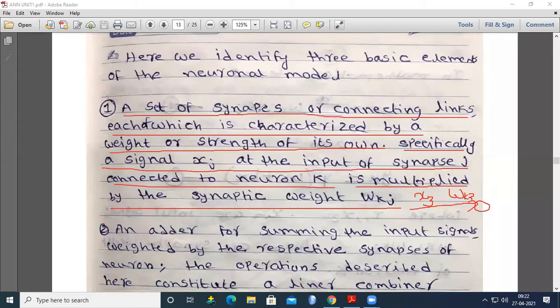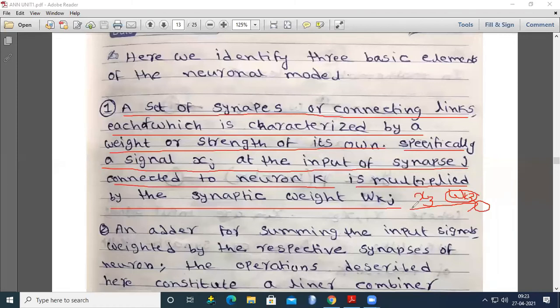A set of synapses or connecting links, each of which is characterized by a weight or strength of its own. So this is the strength of this signal. wk3 is the strength of this x3. Specifically, a signal xj, so this is the x3, at the input of synapse j.